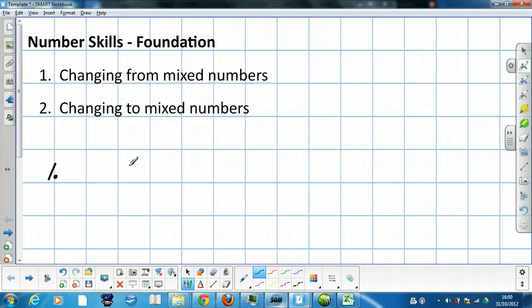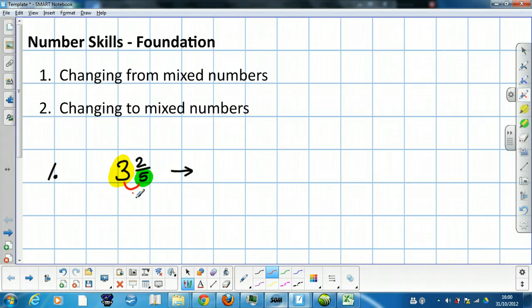Question 1. We're going to change the number 3 and 2/5. That mixed number, I'm going to change it to an improper fraction. Watch what I do. I multiply the integer part times the denominator to give me 15. 3 times 5 is 15.